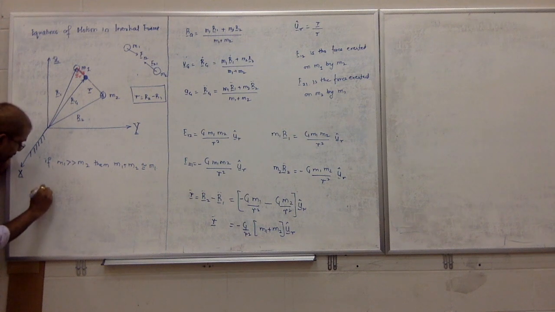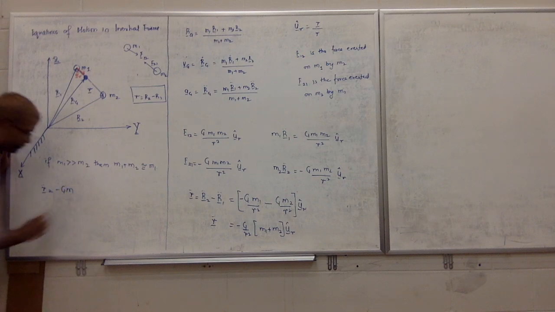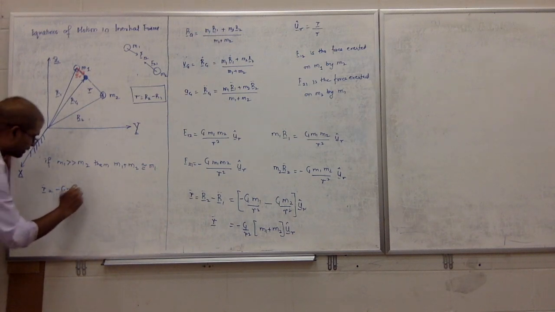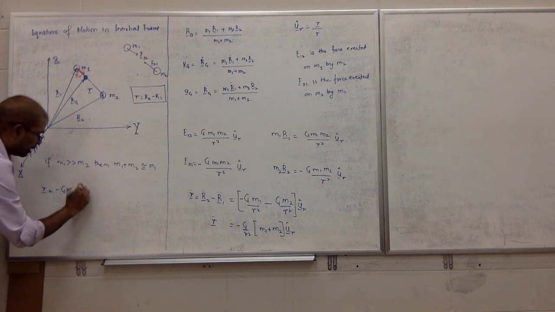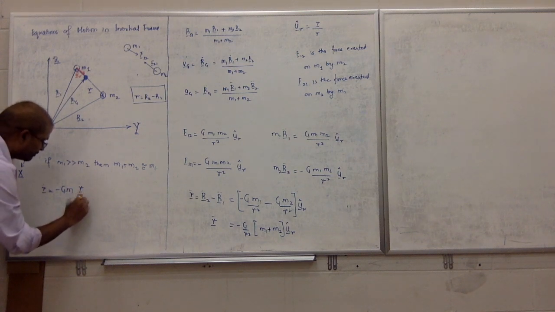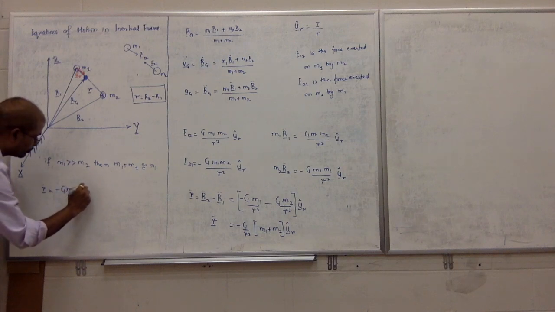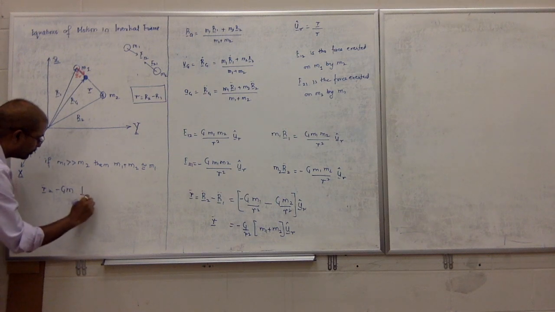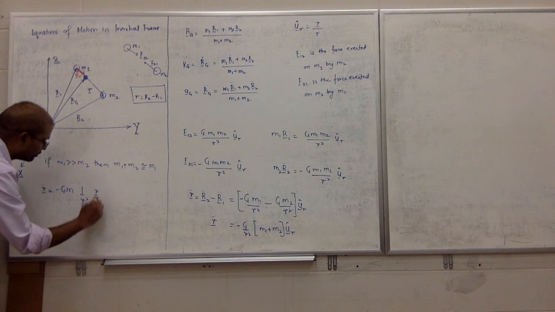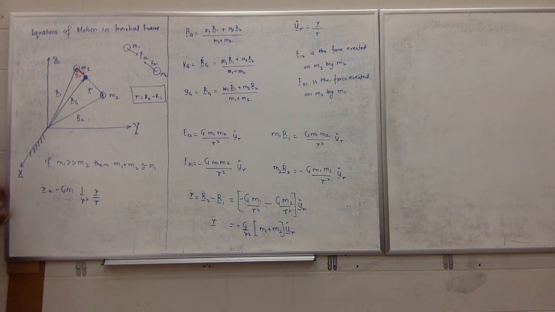So you can write R double dot is equal to minus GM over R squared, times R divided by R. This M is essentially the mass of the central body.